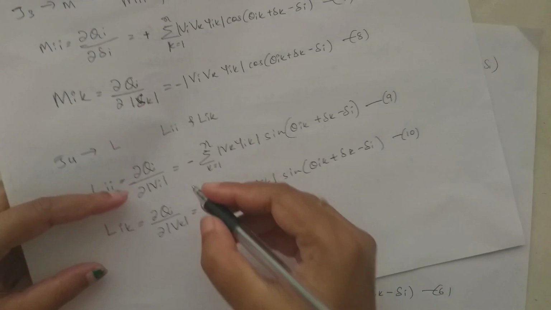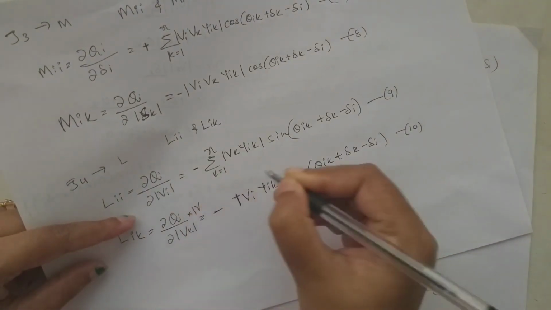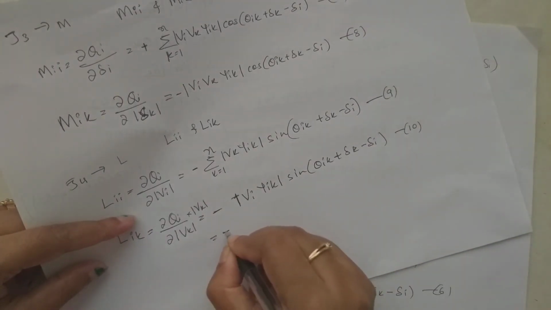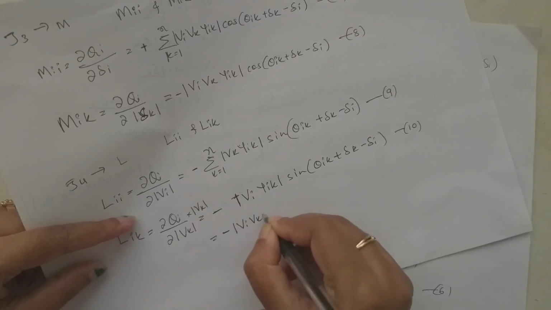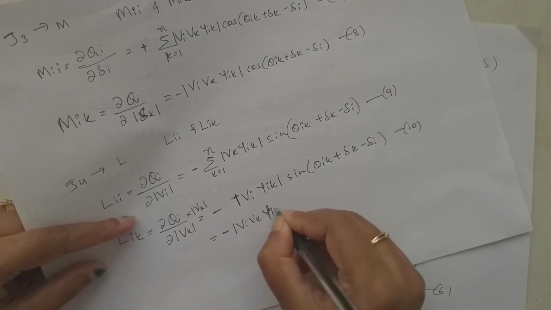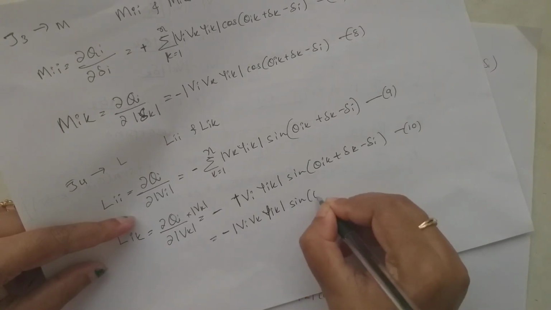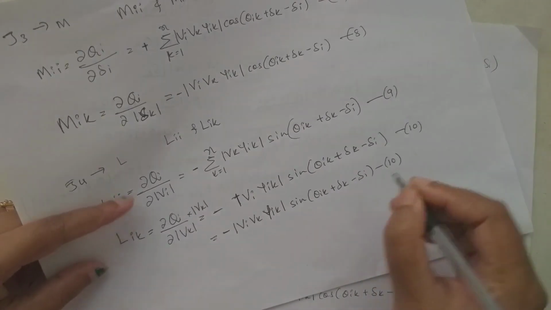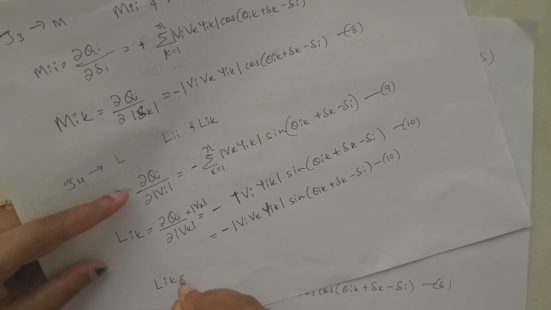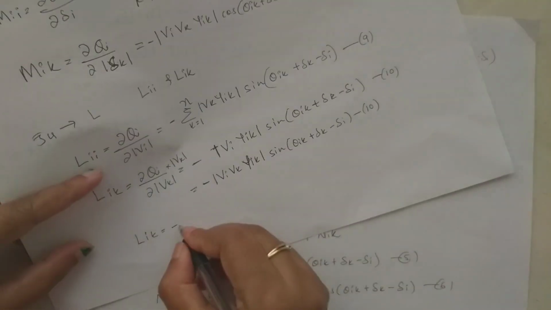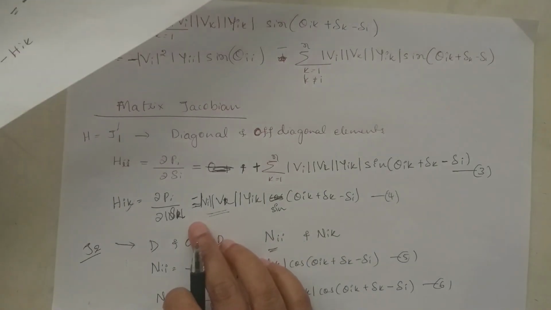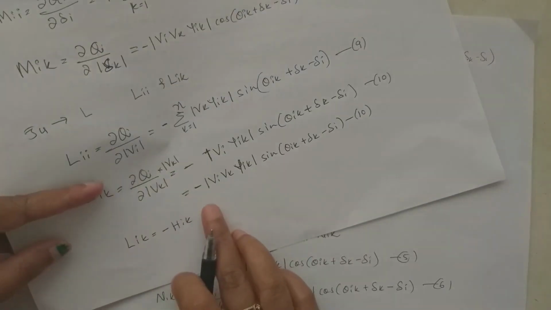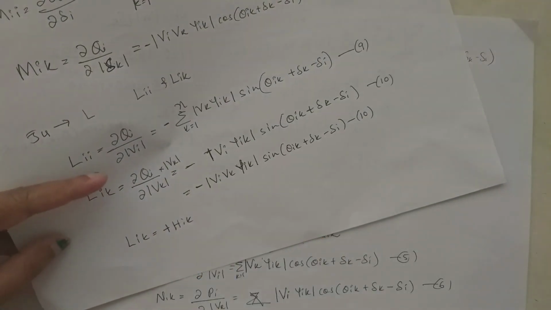So what we have to do is multiply this by VK. When we multiply this by VK, the equation will be Vi Vk Yik sin(theta ik plus delta k minus delta i). So this is equation 10 now. So now we can say LIK is equal to HIK, because it is minus here and again minus here.